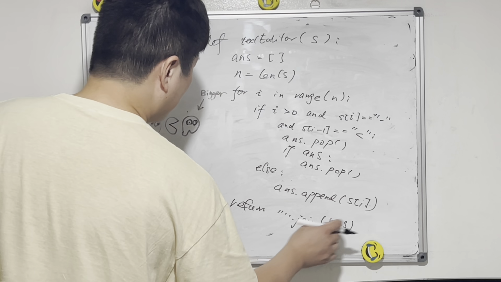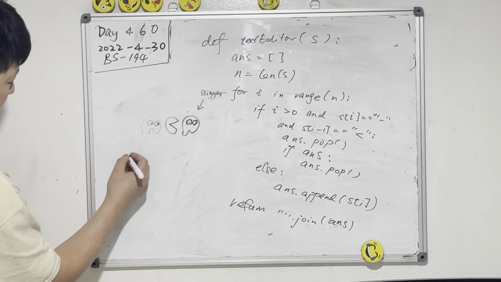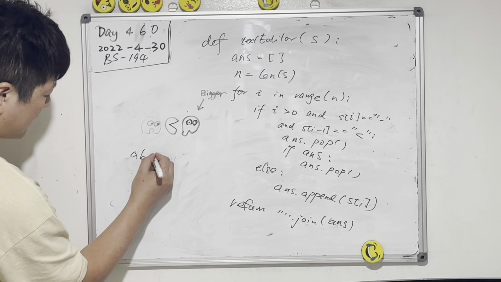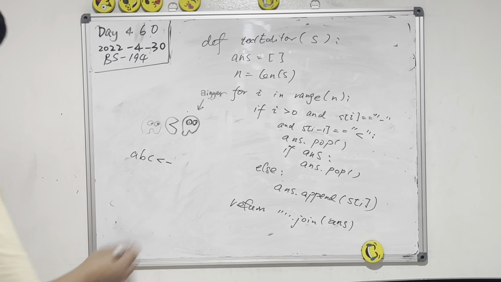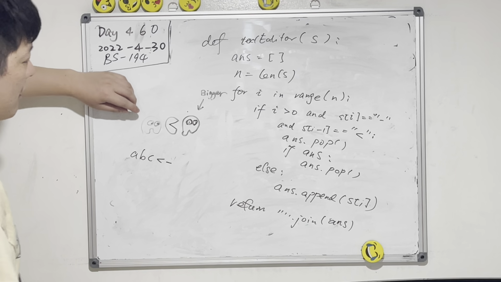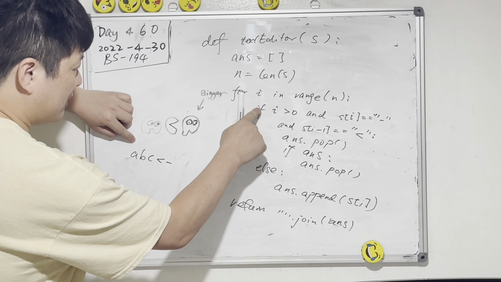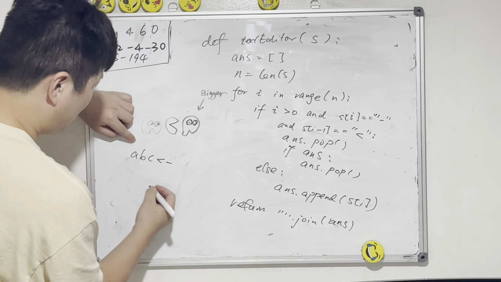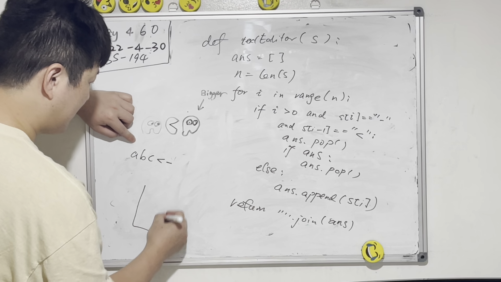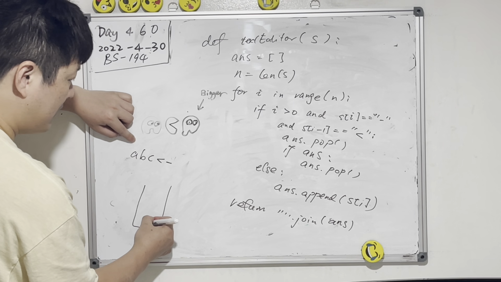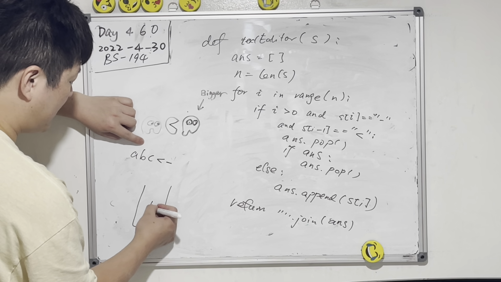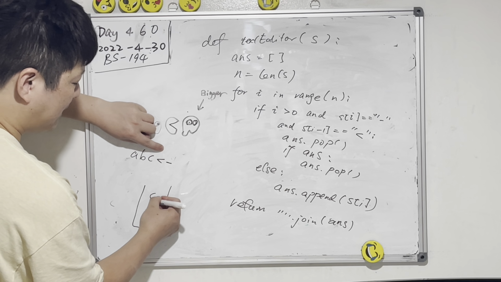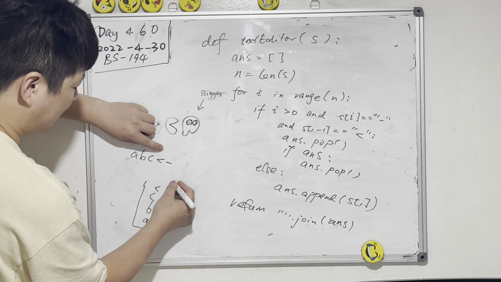Okay, so look, let's emulate this. A, B, C. This one. So answer at the beginning is empty. We put the A: answer.append A. Answer.append B. Answer.append C. Answer.append less-than sign.